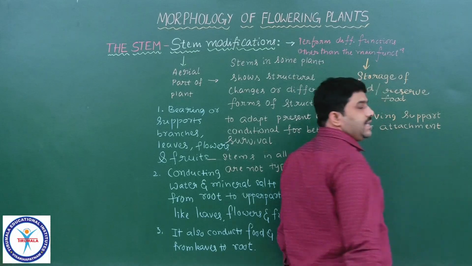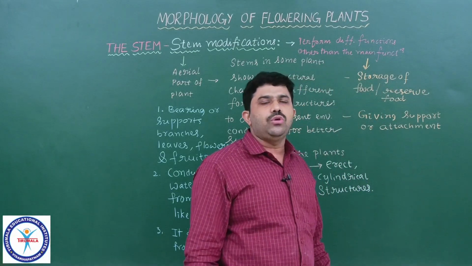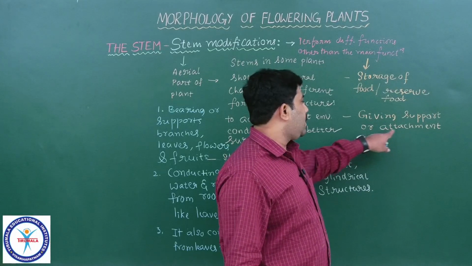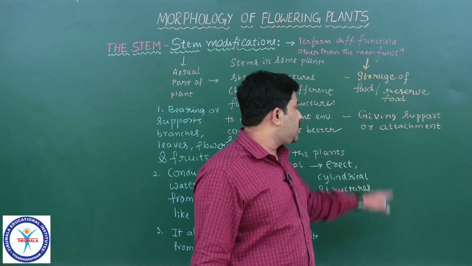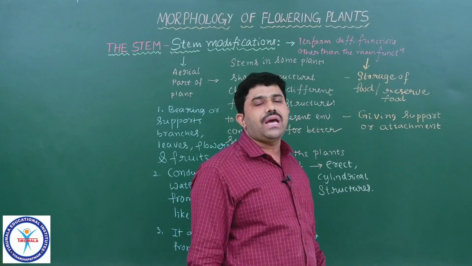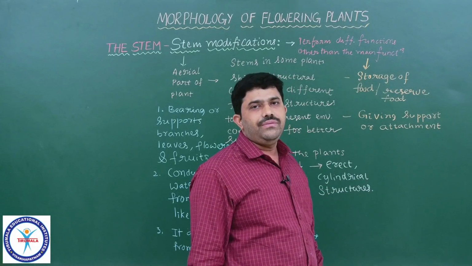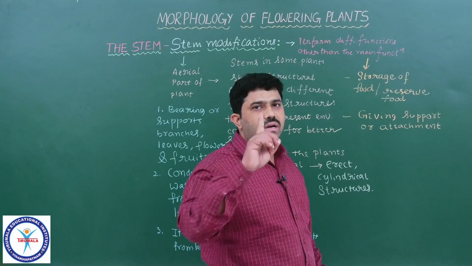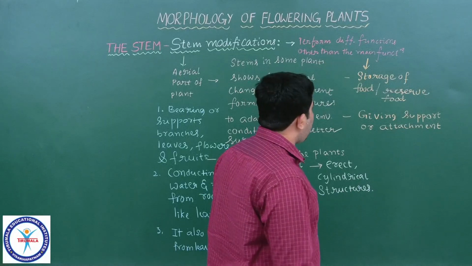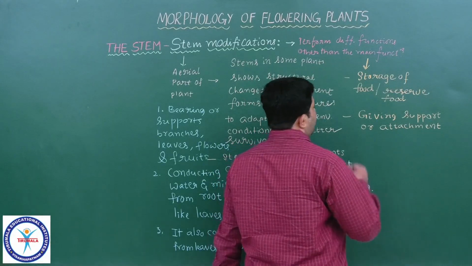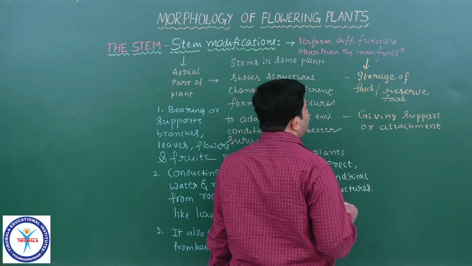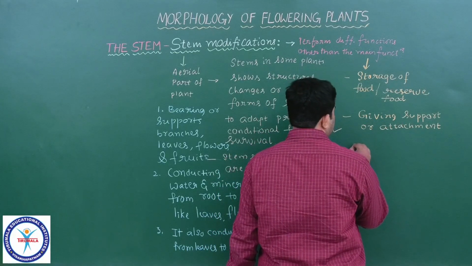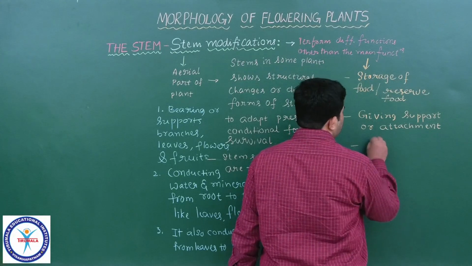In some plants we see extra modifications shown by stems for extra functions like support or attachment. Especially this type of structure we see in plants which have a weak stem, which is not cylindrical, not erect, not stably standing. Such plants show modifications produced by stems only for taking support and attachment from other objects.